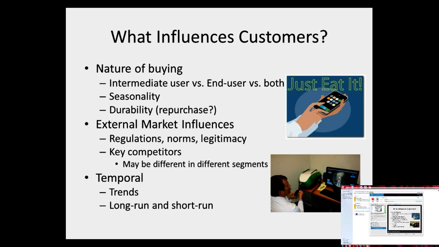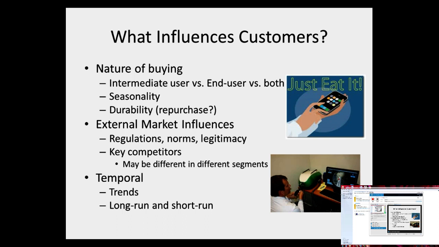Obviously, there's some other influences about whether people will buy your product or service. If there's regulations or norms for buying certain things. So, for example, if you're trying to sell something that's environmental, you would think, oh, well, California is a better place.